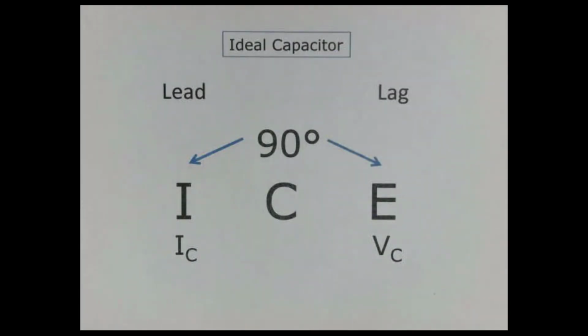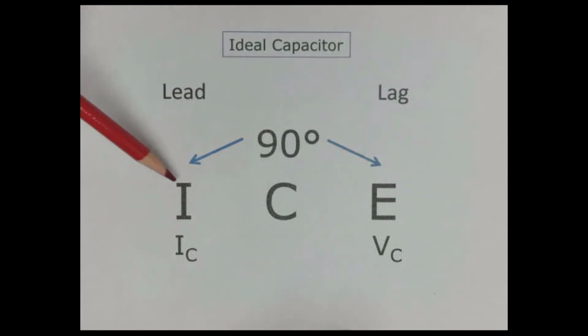Now let's look at what ICE tells us about an ideal capacitor, a capacitor with infinite leakage resistance and zero material resistance. I, the current through the capacitor, comes first. That tells you two important things.